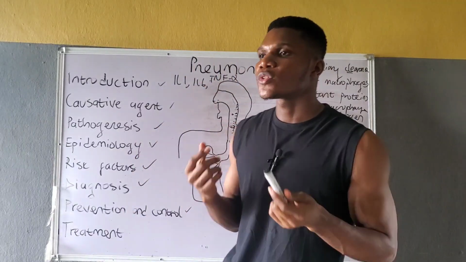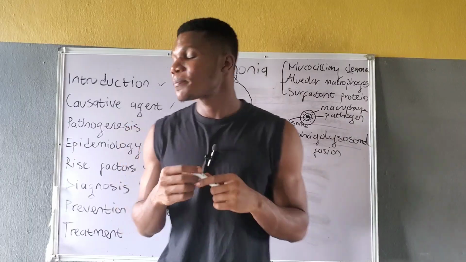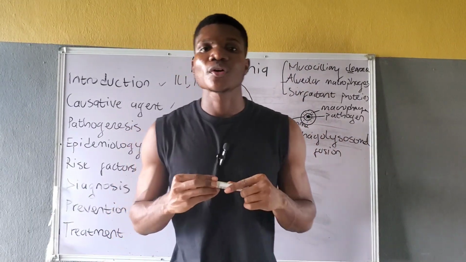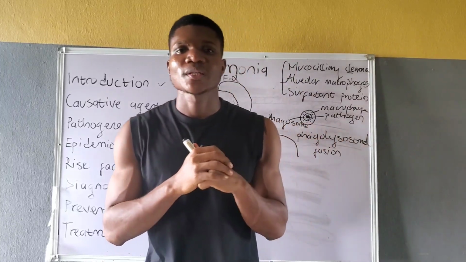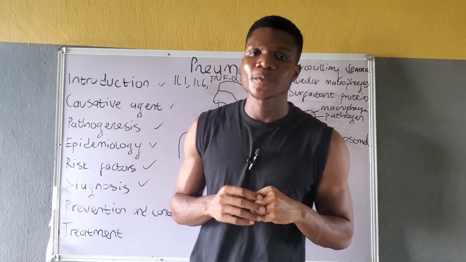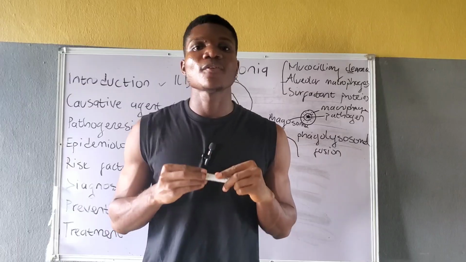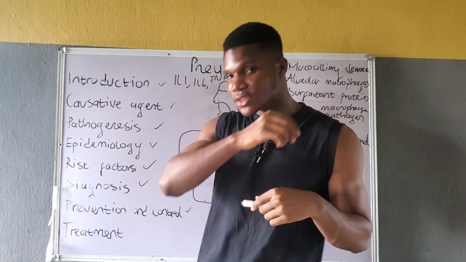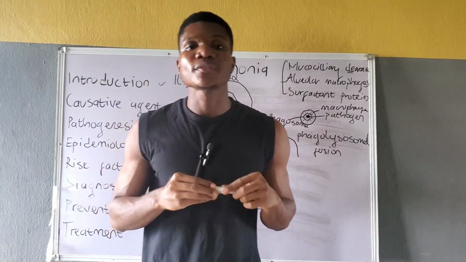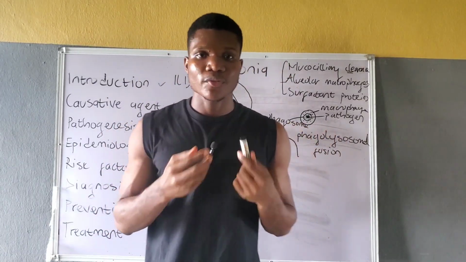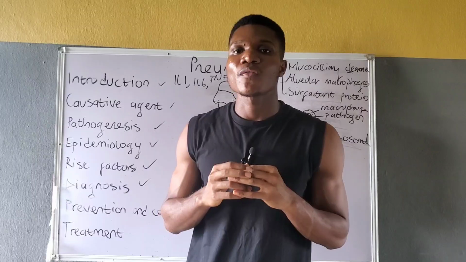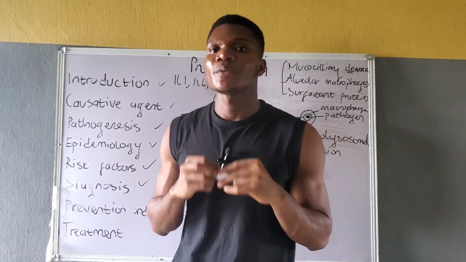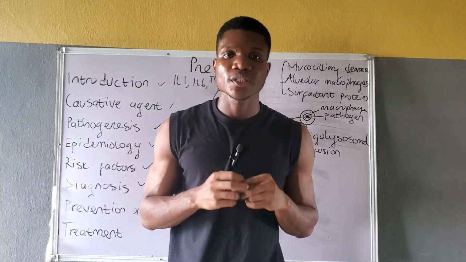There's also the use of infection control measures as a prevention and control strategy, which includes good hand washing hygiene, right? Hand washing hygiene, respiratory etiquette, which involves coughing or sneezing into the elbow to prevent transmission of pathogens. Also, isolation of infected individuals plays an important role in curbing the transmission of pneumonia.